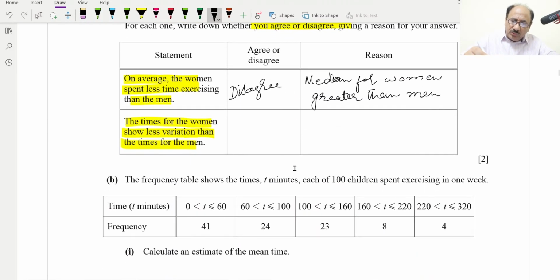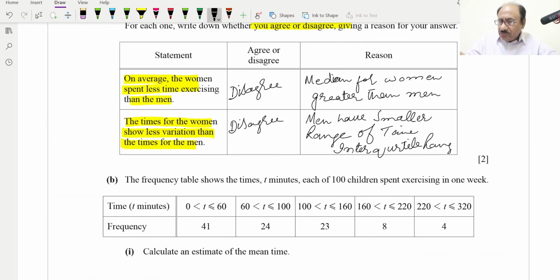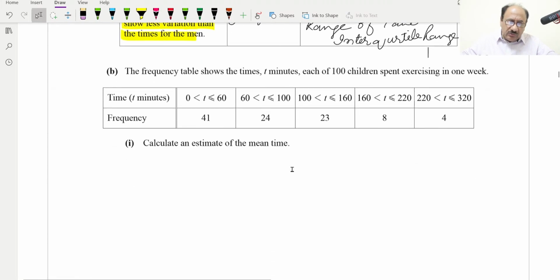So this point also we will disagree, and we will write men have smaller variation or smaller range of time. For that one we are comparing interquartile range. Now this is done.